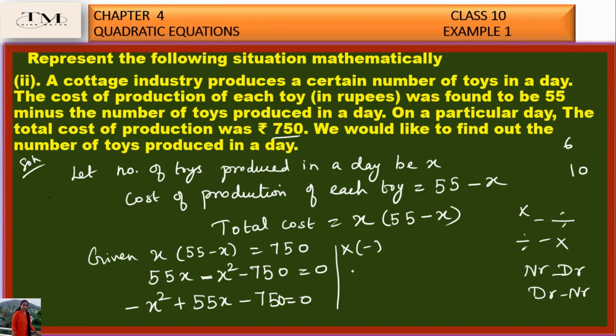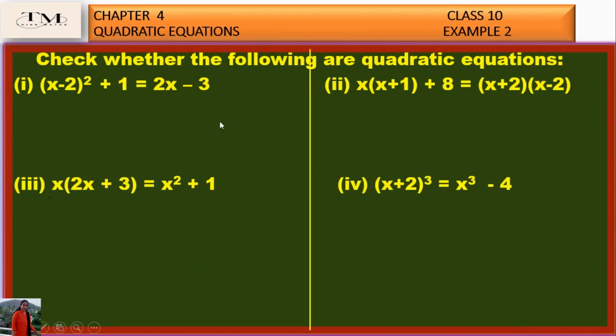Minus into minus will be plus x square, plus into minus is minus 55x, minus into minus is plus 750 equal to 0. So this is the quadratic equation required for this problem. If we solve this equation, we will find the number of toys produced in a day. This will be discussed later in the second section. Can you understand? Let me go to the next example.